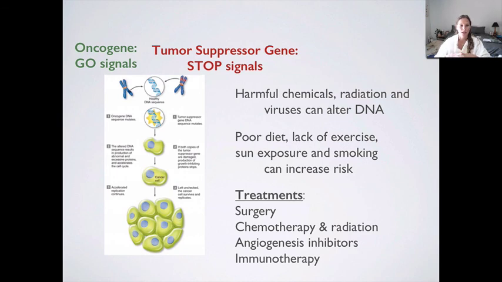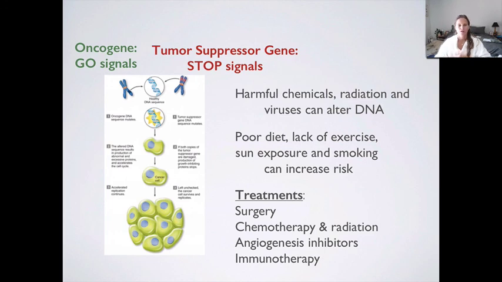Lifestyle factors can contribute to this: poor diet, lack of exercise, sun exposure, especially UV radiation, and smoking will increase the risk. We'll talk some more about all of that when we talk about genetic mutations and epigenetics.